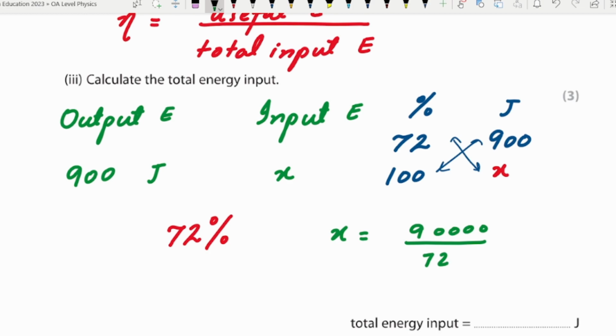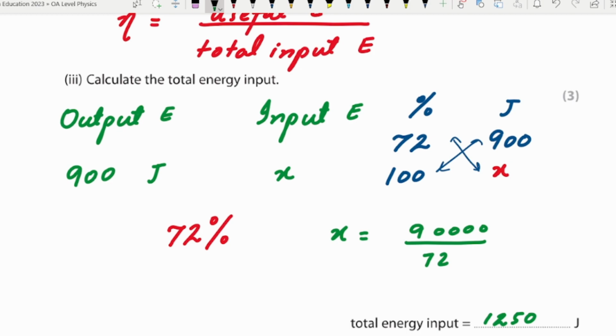If you hit it on the calculator, you get 1250 joules.